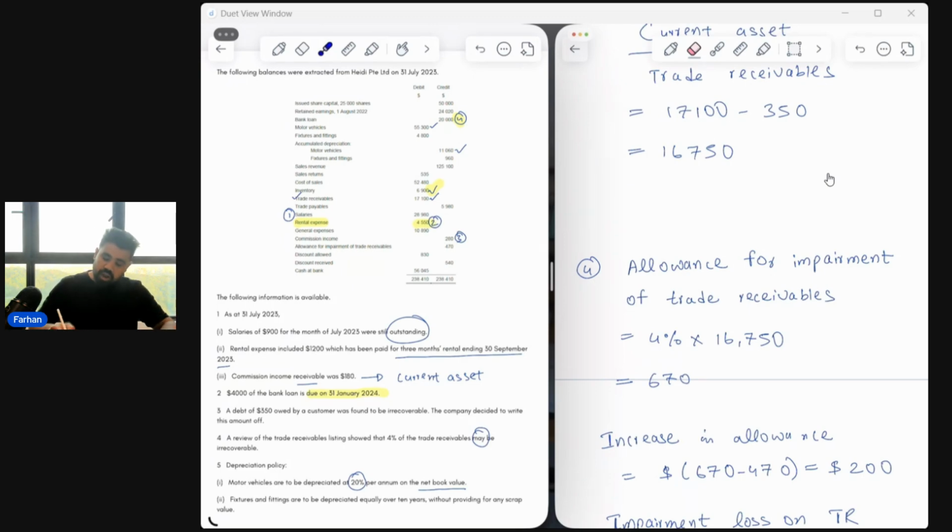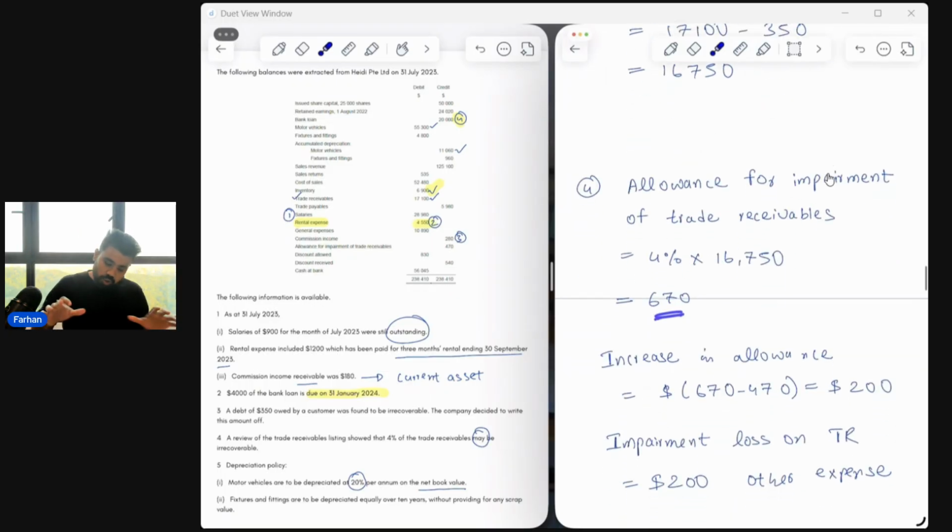So 4% of $16,750 would be $670 that we want to set aside as a possible allowance for impairment of trade receivables, okay? And if you check the list of balances given here, the allowance for impairment of trade receivables of $470 refers to the balance which we had at the end of the previous financial year, which would be at 31 July 2022.